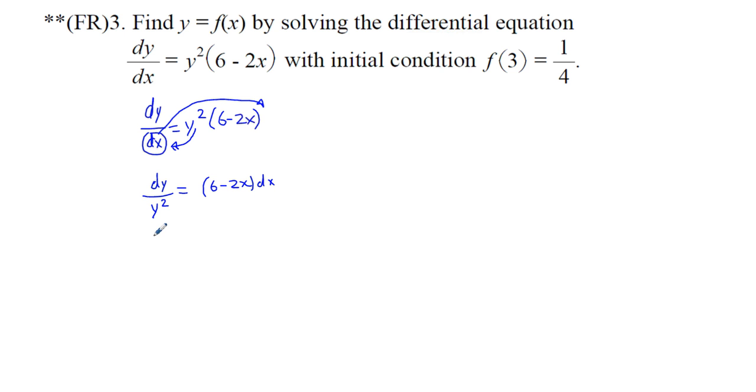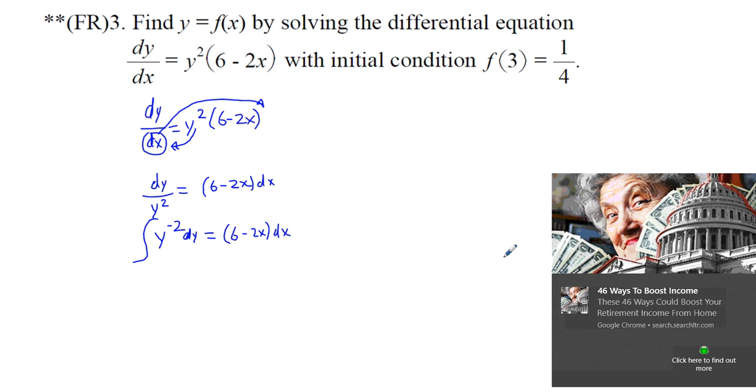So we're going to have y to the negative 2 power dy on the left side equal 6 minus 2x dx. Next, we're going to integrate both sides.